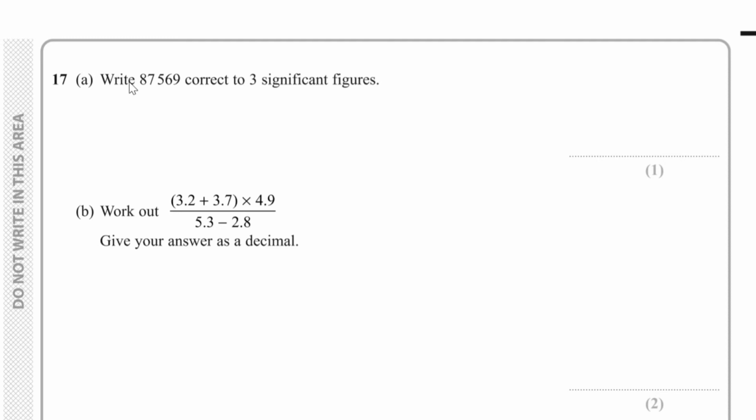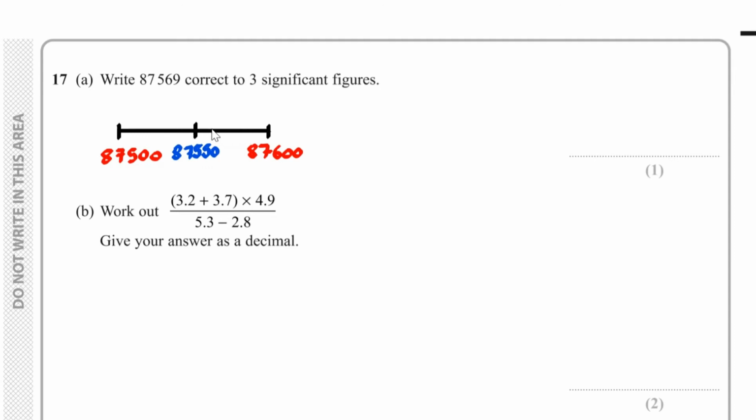Question number 17. For part A, we have to write 87,569 correct to 3 significant figures. Well, if we were to write this to 3 significant figures, our number will either be in between 87,500 or 87,600. And we've got our halfway point, 87,550.